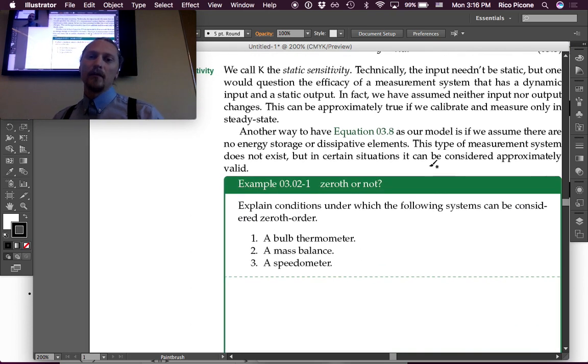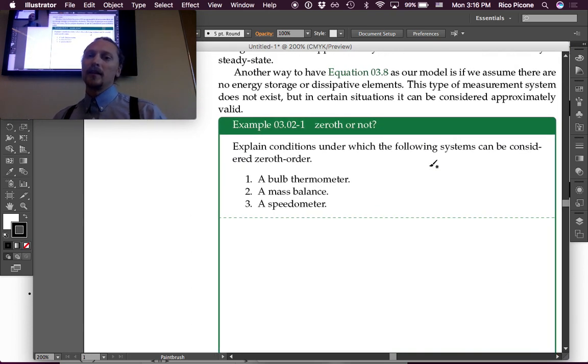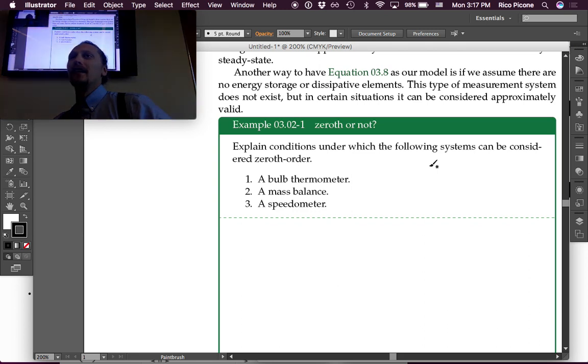Good. So now we can do an example. Explain conditions under which the following systems can be considered zeroth order. So a bulb thermometer sitting in an ice bag. Yeah, thermal equilibrium with its surroundings.